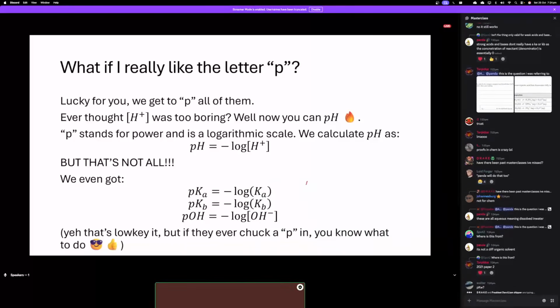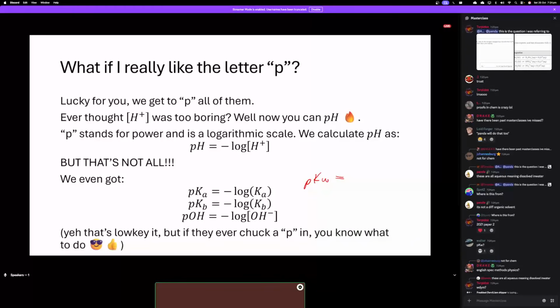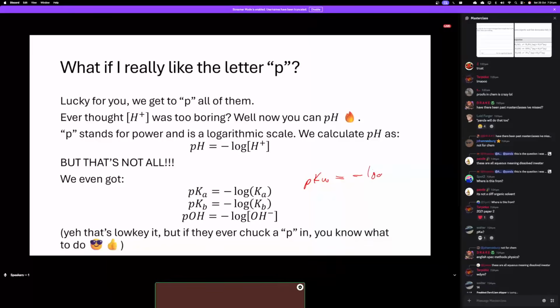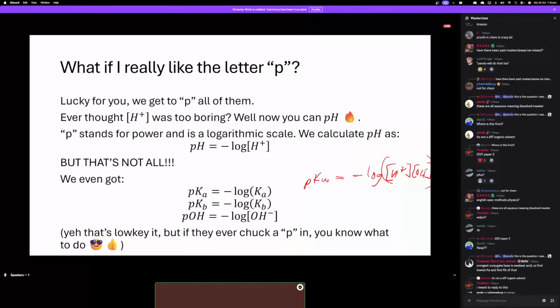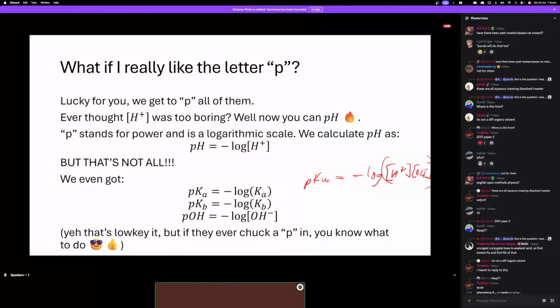I guess you know pKw too. pKw would be the negative log of the concentration of H plus times the concentration of OH minus. Sorry, it's kind of cut off, you can imagine it. They're all just the negative log of what it actually represents.